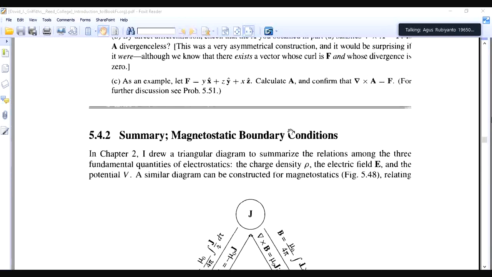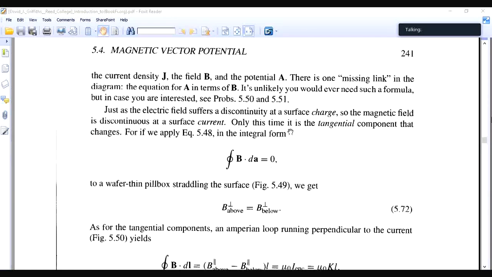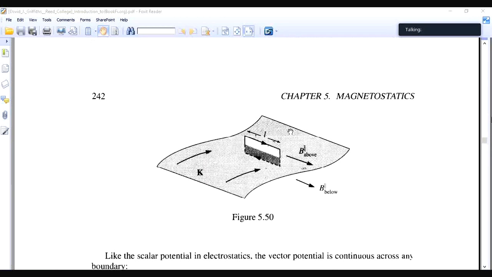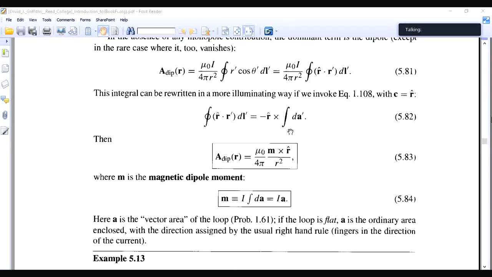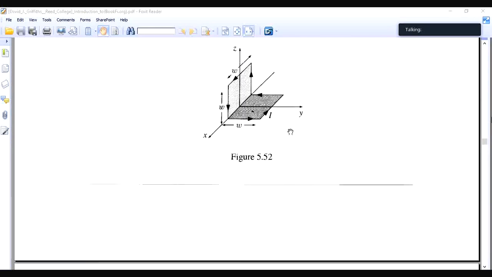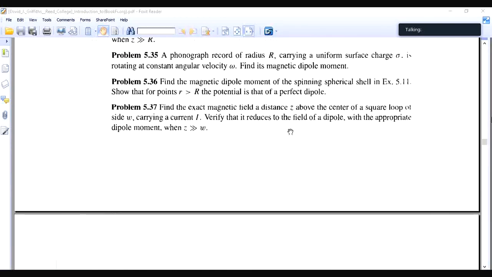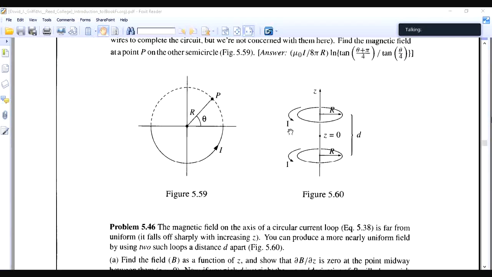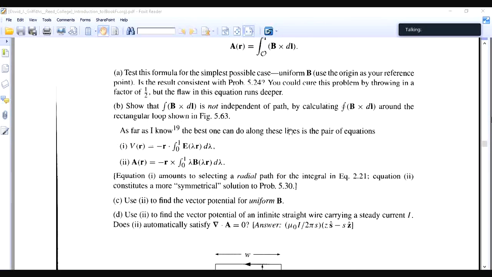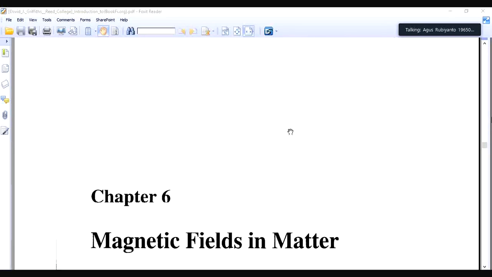B itu sama dengan mu kali H. Nanti, Mas, lebih jelas di Medan Elektromagnetika 2.